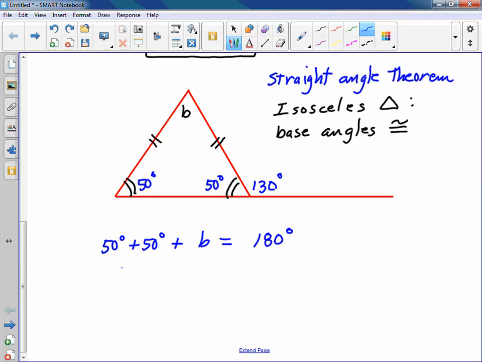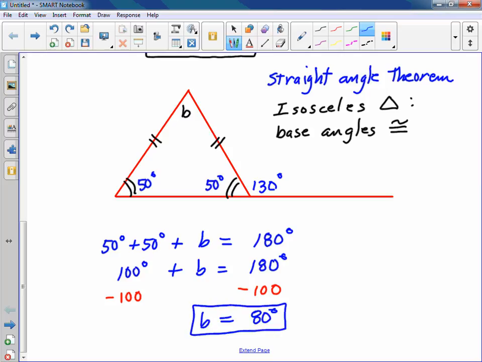So 100 degrees plus b equals 180 degrees. Then we subtract 100 from both sides, and we get b equals 80 degrees, and we're done.